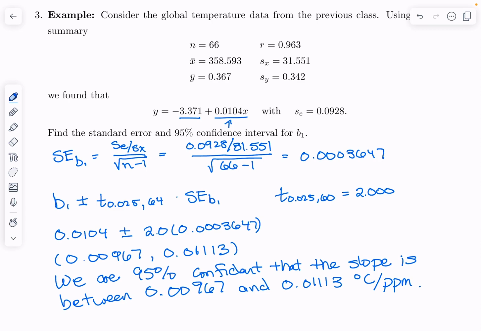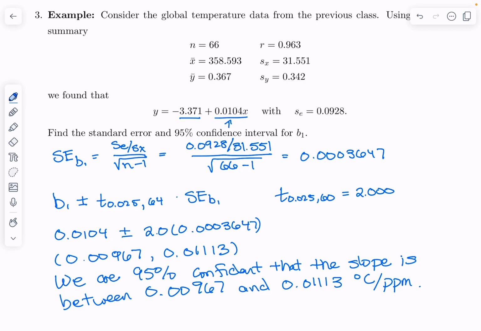In other words, if you increase CO2 in the atmosphere by 1 part per million, we expect on average that the global temperature will increase 0.00967 to 0.01113 degrees Celsius, right around that 0.01 degrees Celsius that we saw before with our slope.